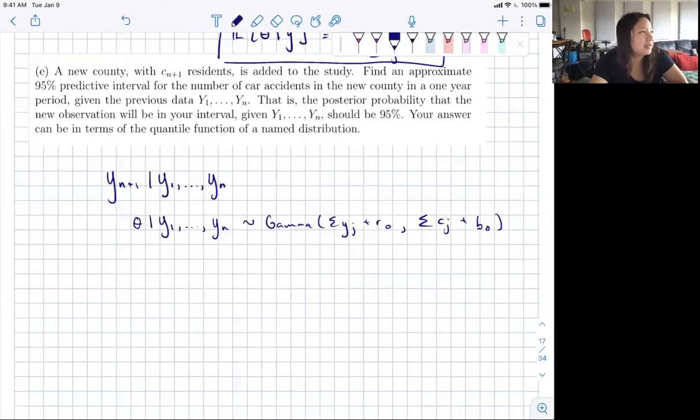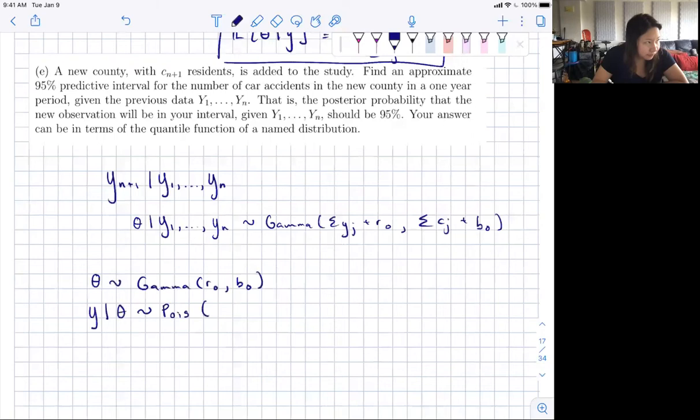If you look in the Stat 110 textbook, on page 439, example 9.6.3, Gamma-Poisson revisited, we have the marginal PDF for this setup: theta is distributed Gamma(r naught, b naught), and y given theta is distributed Poisson(theta c sub j).